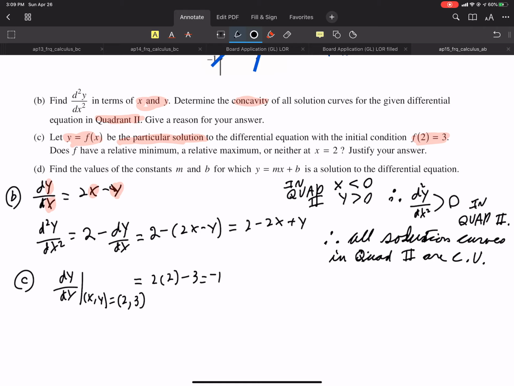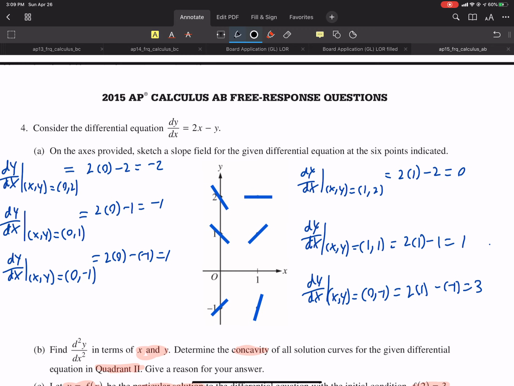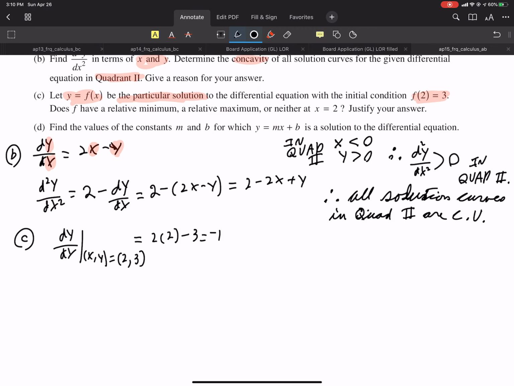Since the derivative is not 0, therefore it's not going to be a relative max or relative min, because they can only occur at critical points. So let's give an answer to that.